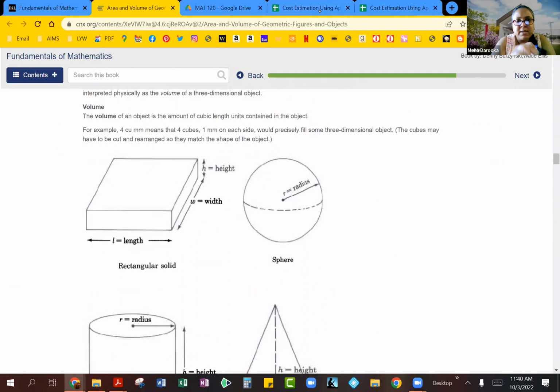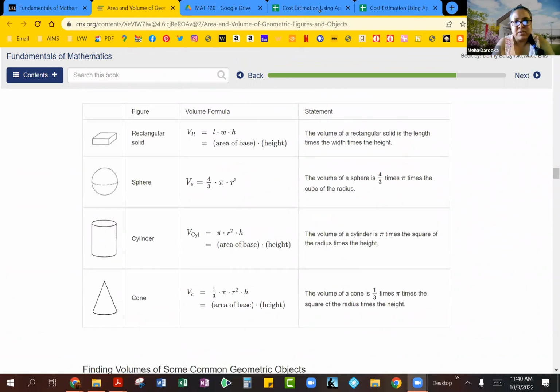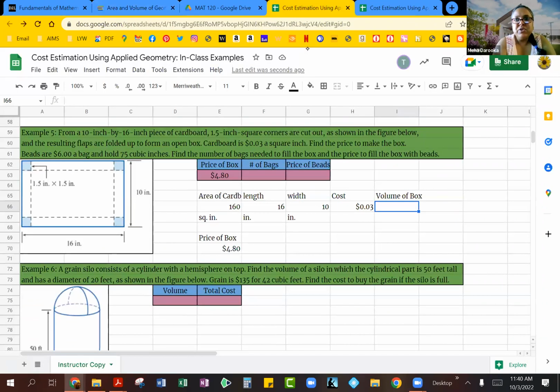So our box is going to look something like this, right? Except it just does not have a top. But as far as the basic volume formula goes, this is what you are looking at. Yeah, very nice, Terry. So you are doing length times width times height. So I need you to tell me for the box, what is your length, width, and height going to be?